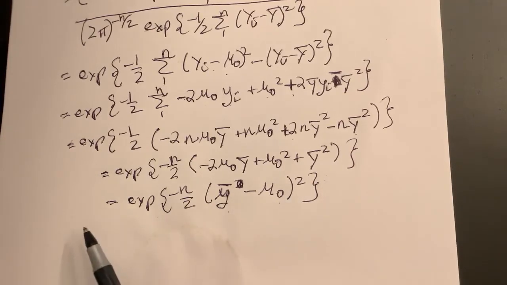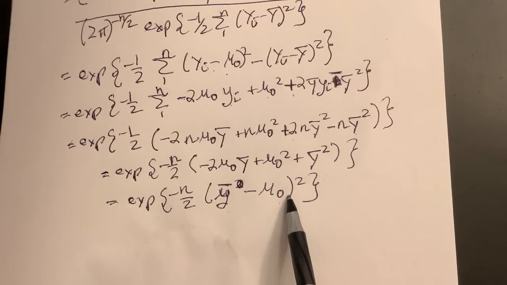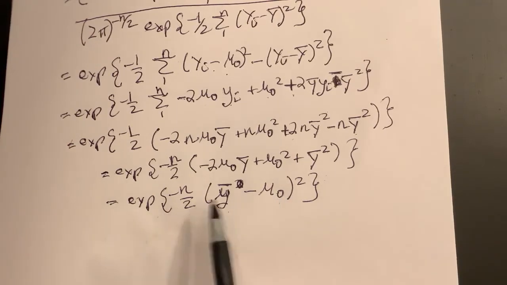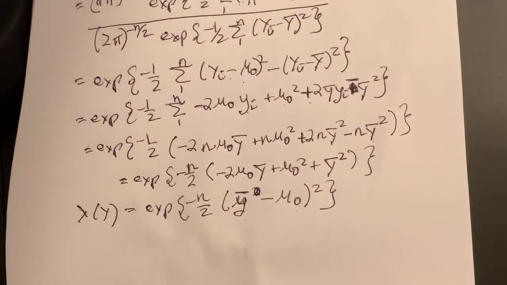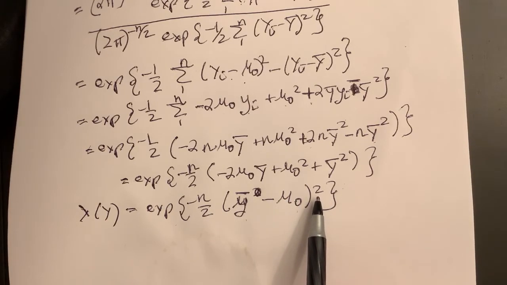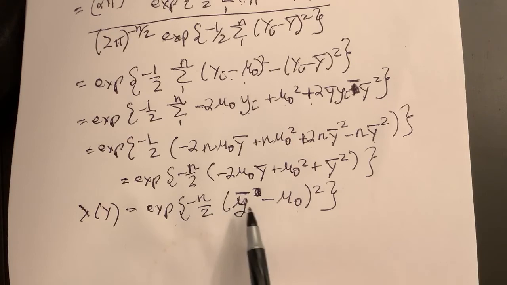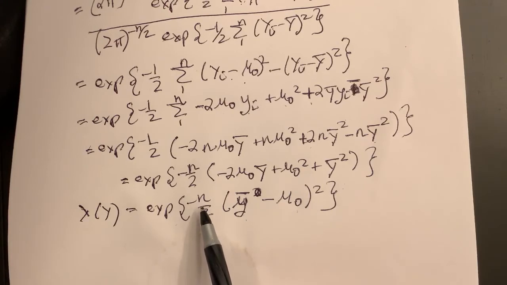All right, this is it. And this is the likelihood ratio, the ratio of the two likelihoods. This is a good moment to remind you what you can see: the further y bar is from mu 0, the bigger this term is, it gets squared. And it gets multiplied by minus n over 2.